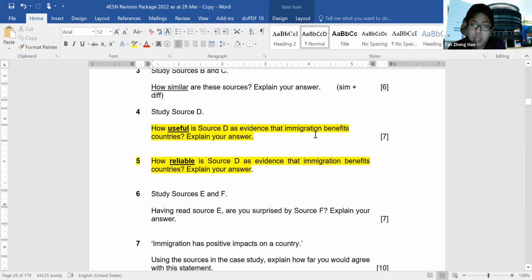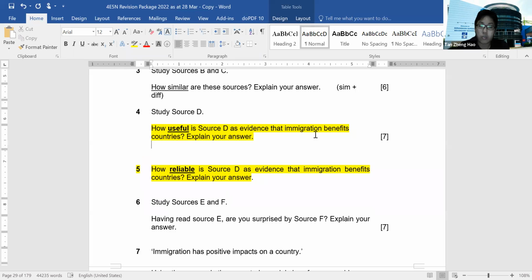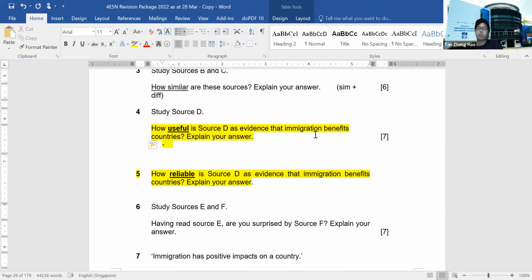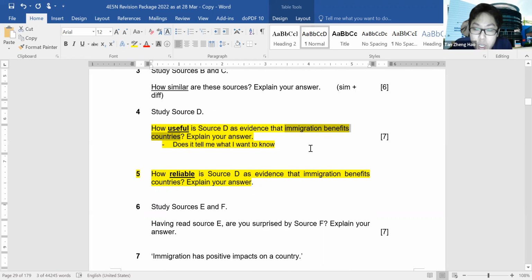When I look at this question, first of all, I know it's a usefulness question. For usefulness questions, we usually need to focus on two parts. First, does it tell me what I want to know? Does it tell me whether immigration benefits countries or not? Maybe the source will say yes, it's beneficial, so it's evidence.